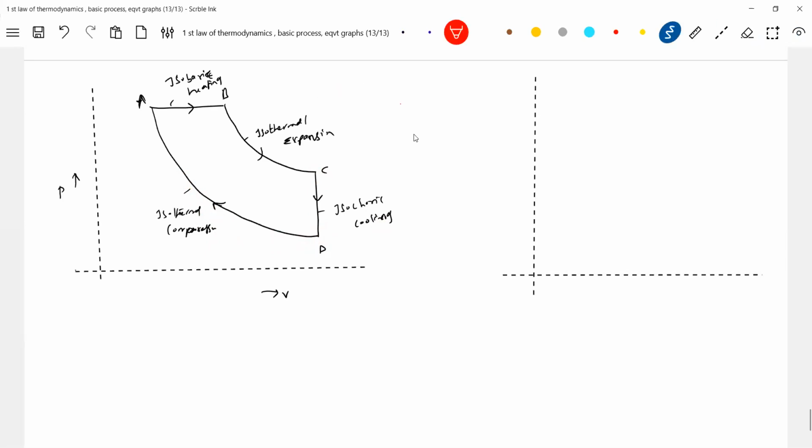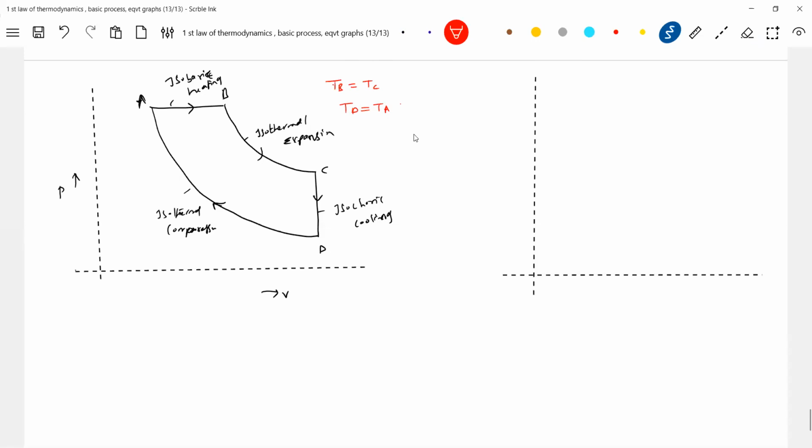TB should be equal to TC. Sir, how can you say? Because in an isothermal process, temperature remains constant throughout. Similarly, TD is equal to TA. Do you agree? There's a basic idea, because it is an isothermal process.